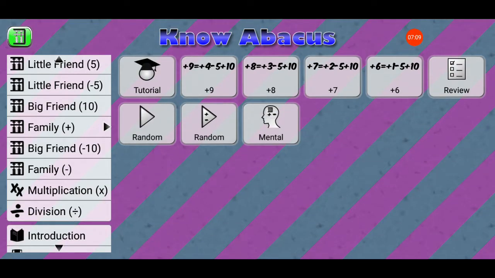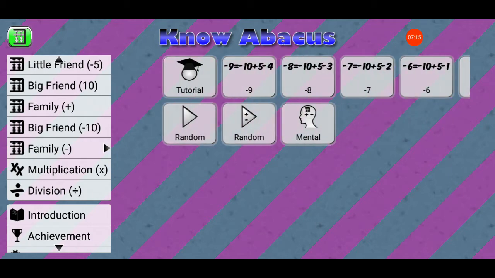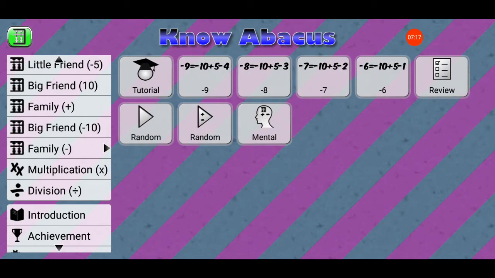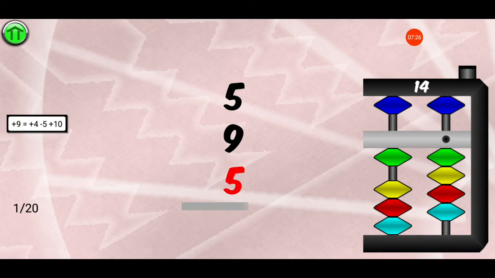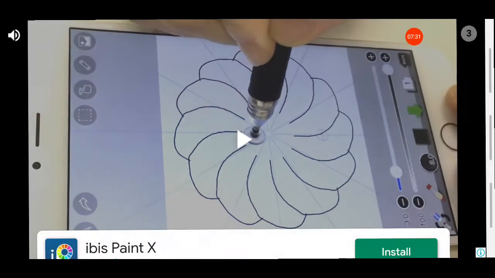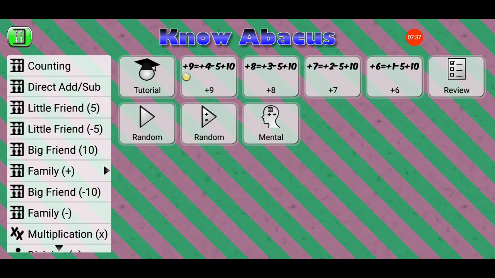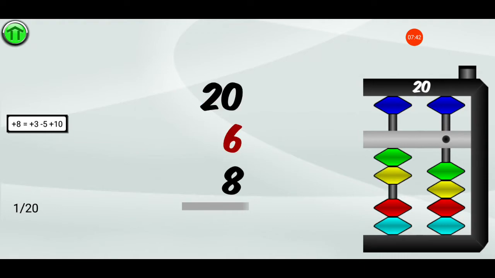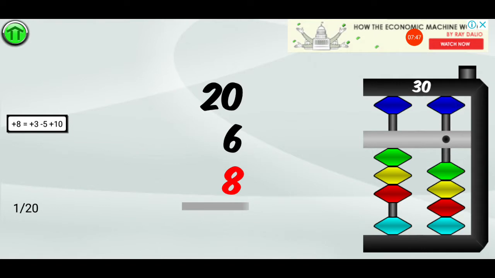Okay. Now next after this is family minus. Family plus sums we are doing now. 5 plus 9 plus 10 minus 1 plus 5, 19. Next is 20 plus 6 plus 8 plus 10 minus 2.